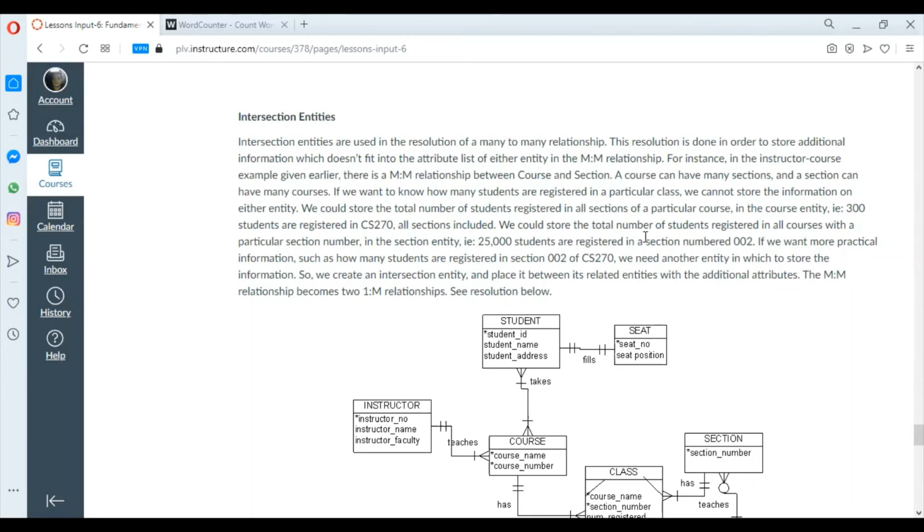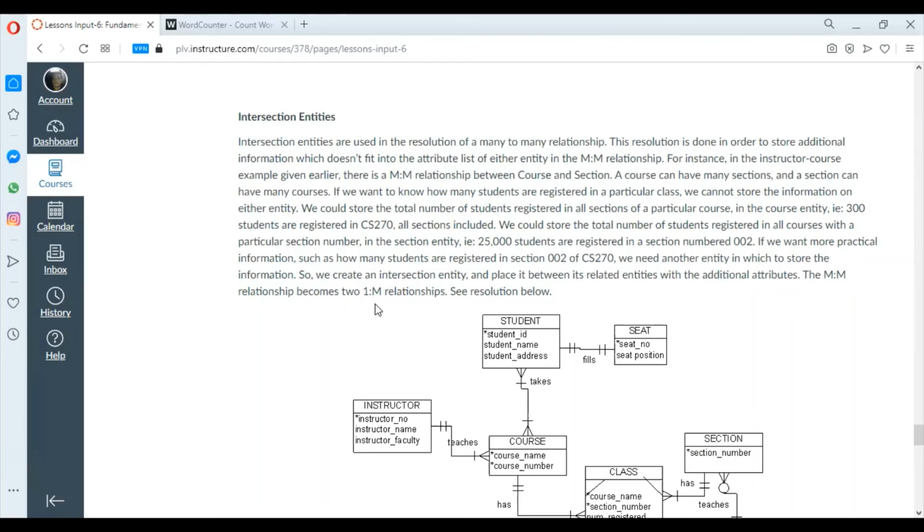We could store the total number of students registered in all courses with a particular section number. 25,000 students are registered in the section numbered 0002.